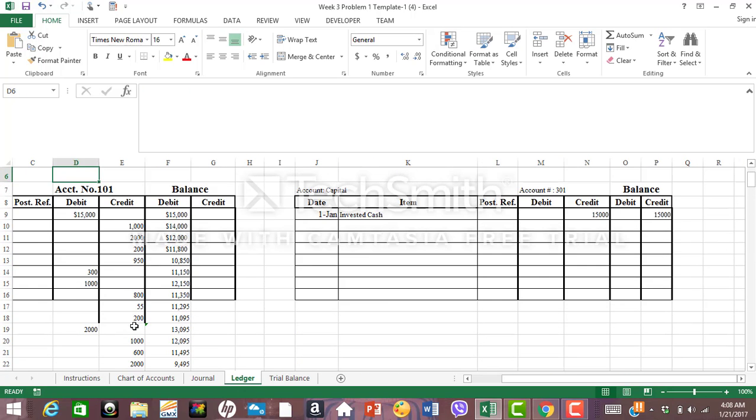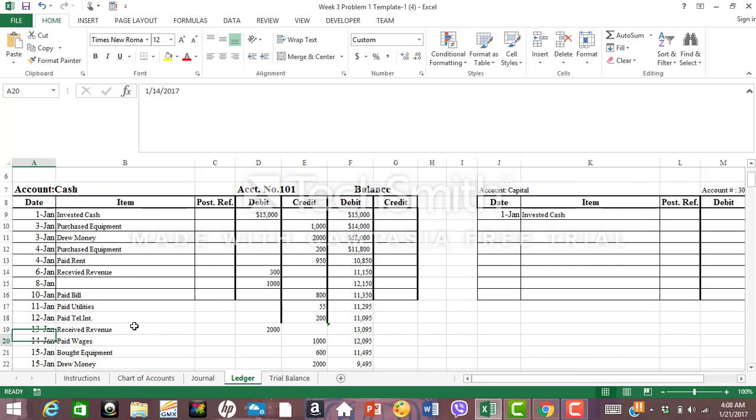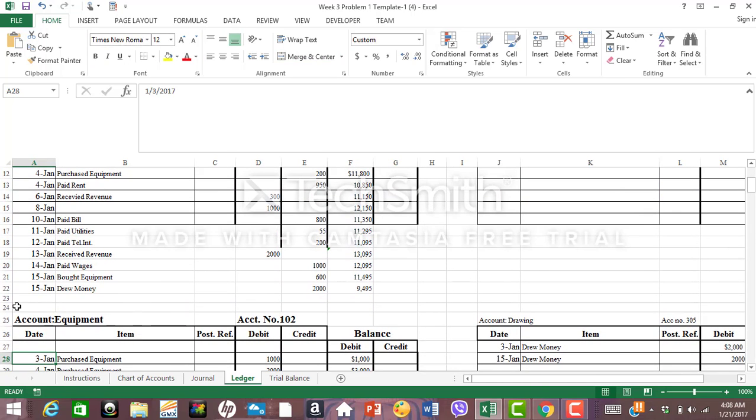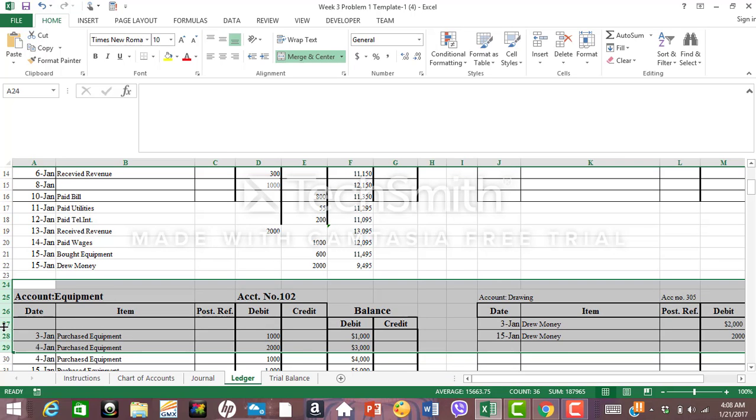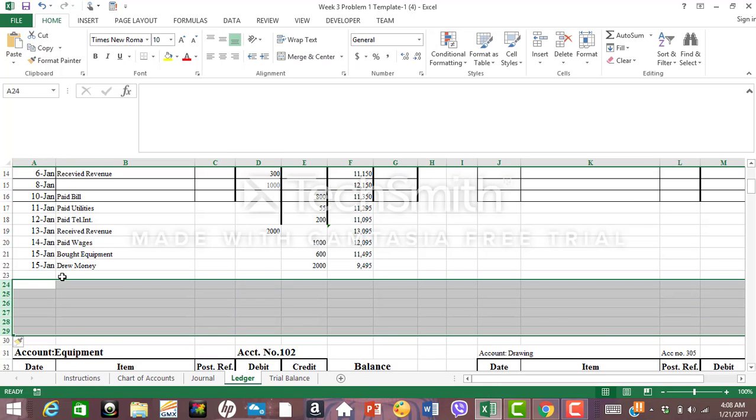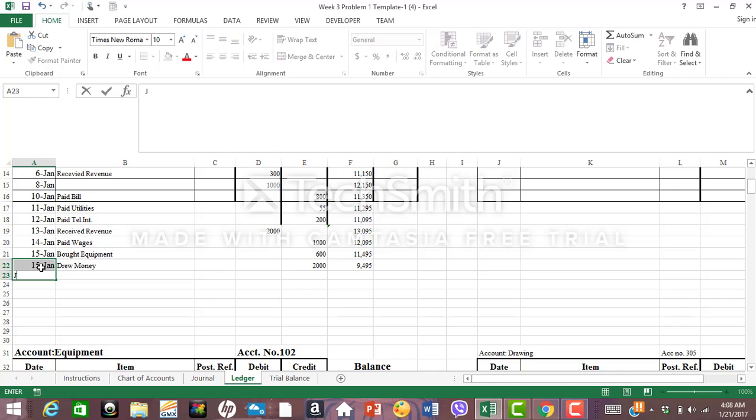We go up to cash. And again, we have to add a couple things because I think we're still not going to have enough room for everything. Okay. So January 17th, purchased truck, and we paid 4,000 of it, so the new balance is this minus the 4,000.